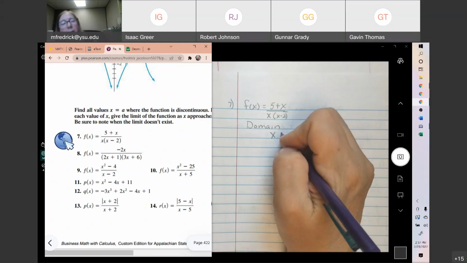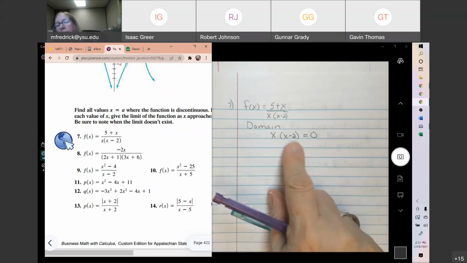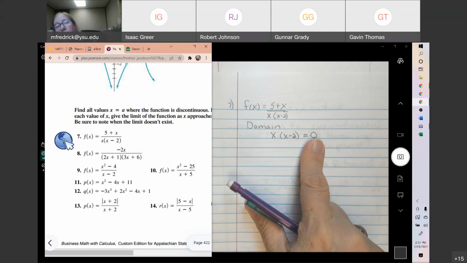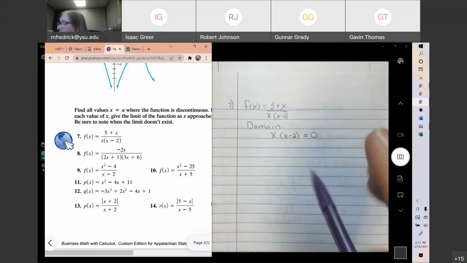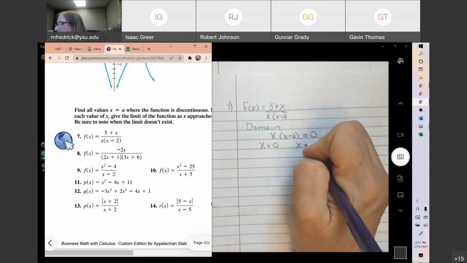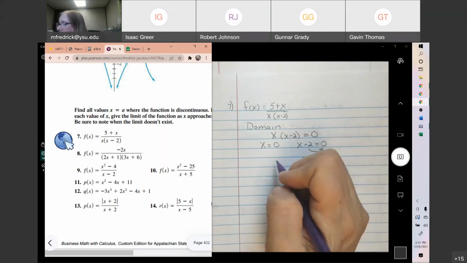So we know x times x minus 2 equals 0. Anything that is a correct answer for this equation needs to be omitted. Well, when it's factored, you can set both equal to 0 and solve. And add the 2. This one's already solved.